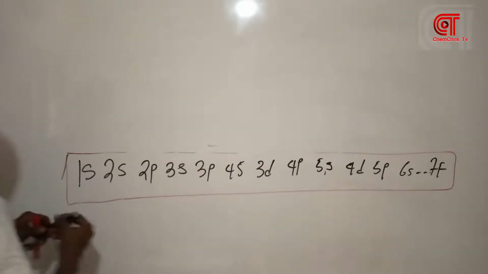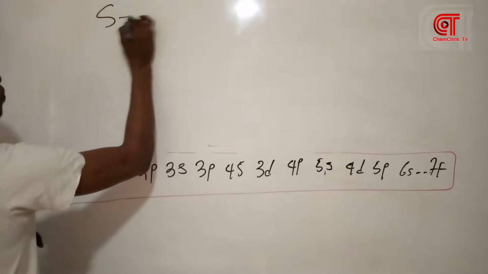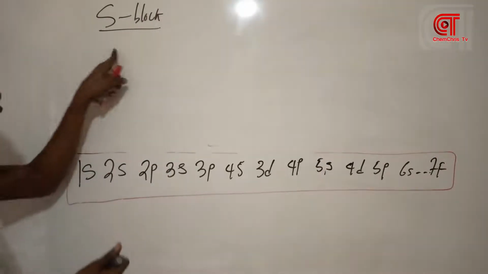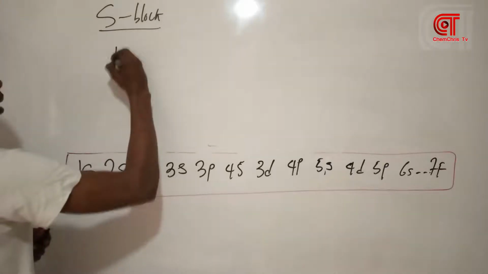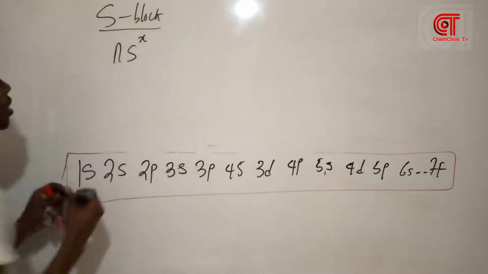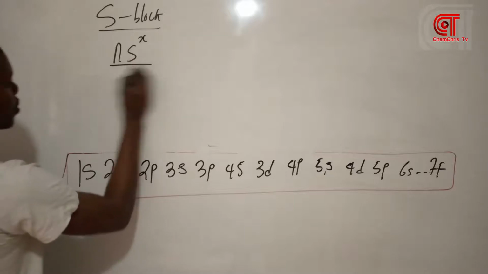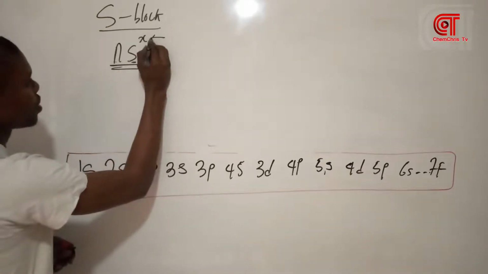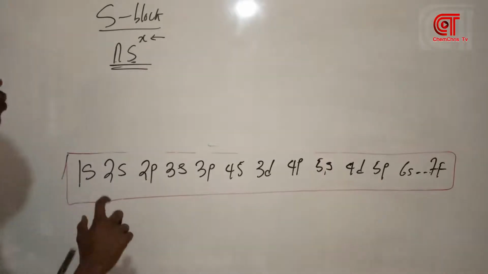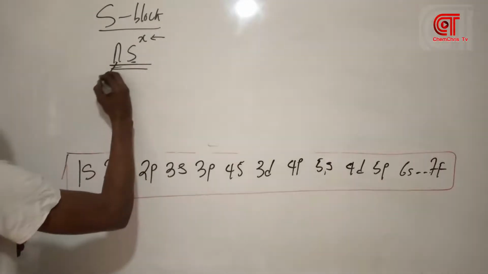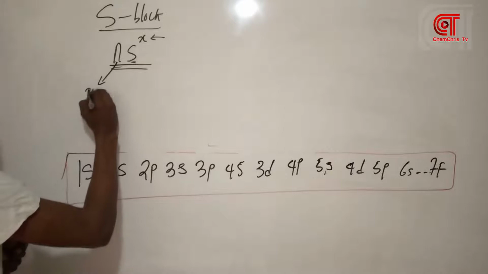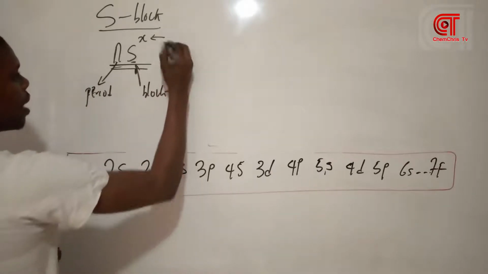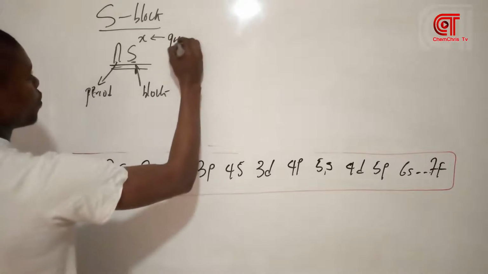Now for the s block, the trick is ns^x. What is the meaning of this? The n is my highest energy level, the s is the block, and the x is the number of electrons. So this is my period, this is the block, and this is my group.